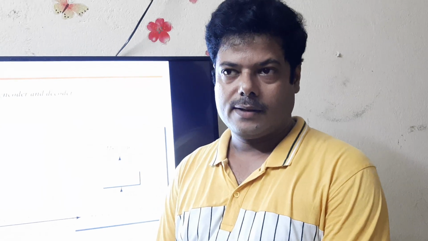If the condition matches, then it is accepted, otherwise deleted. For example, if the sender is sending 53, very simply, they use a formula: add the numbers, 5 plus 3, 8. Now the message is 53, and the redundancy bit is 8.